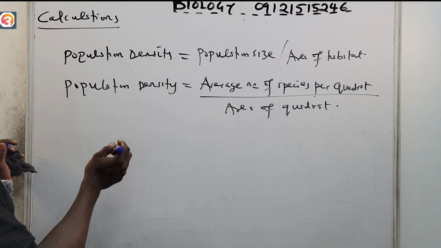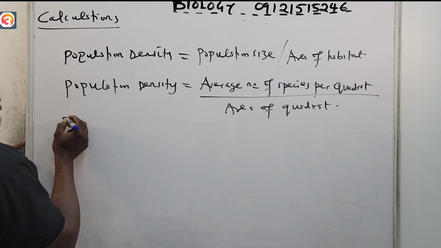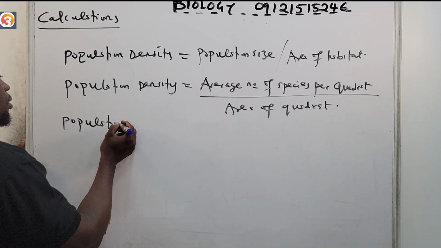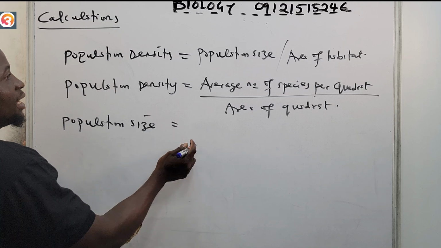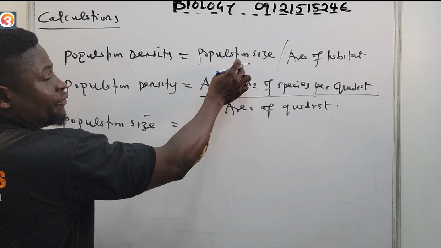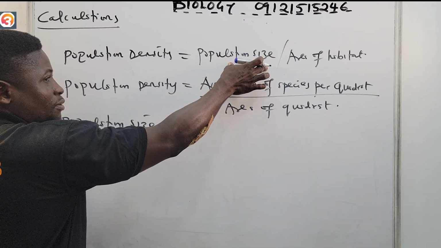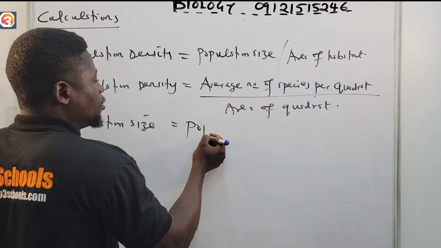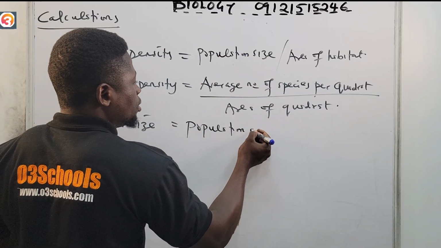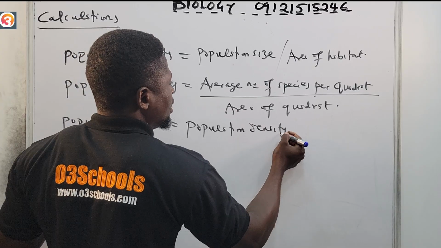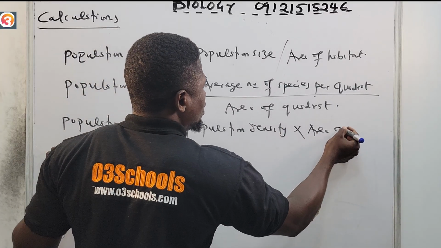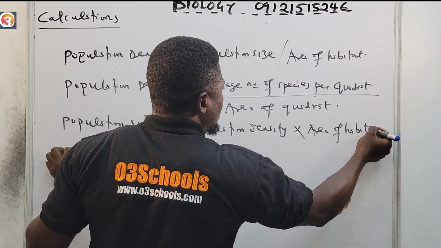Then we know that population size, making it the subject of the formula, is population density times area of habitat.